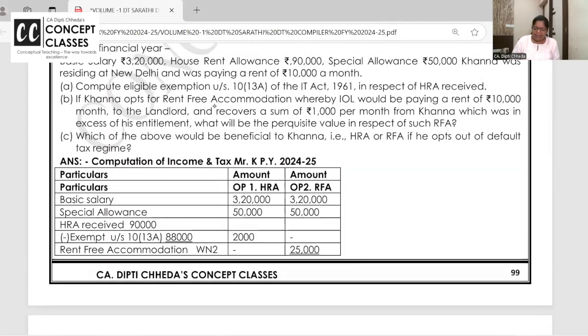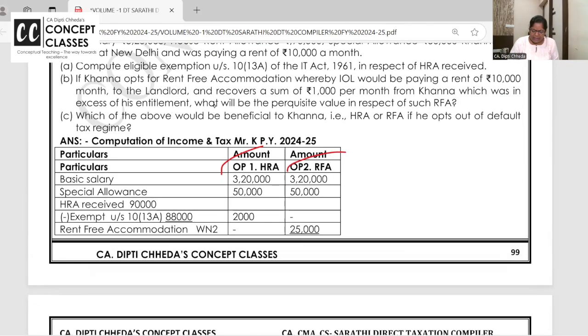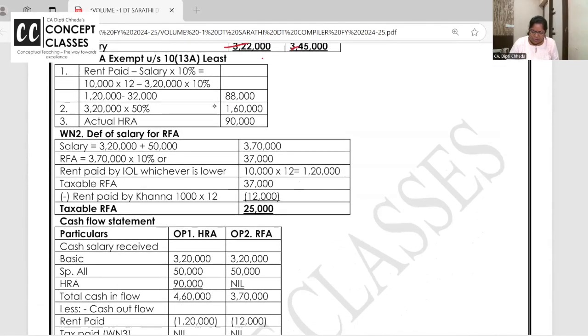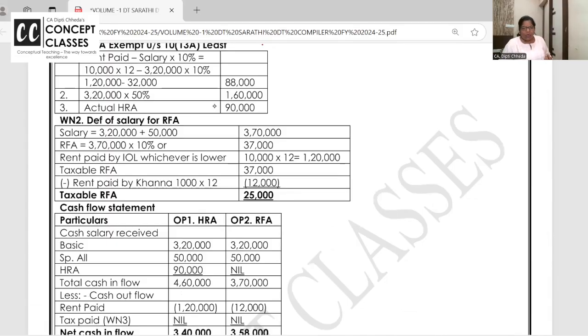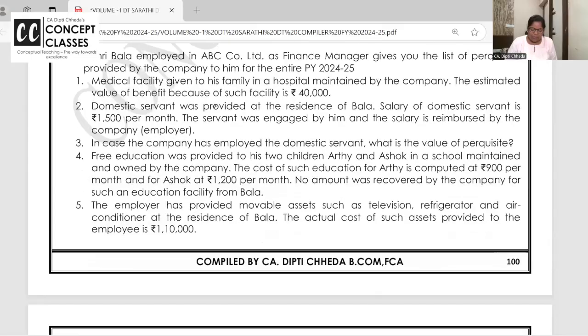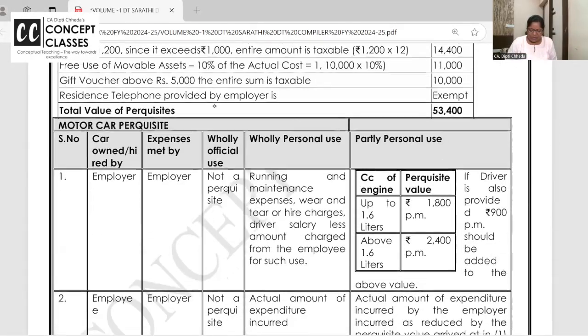One time only they have asked this question: compare and tell whether Khanna can go for HRA or RFA. So in both cases, what will be the income you calculate and the tax? But that's not the answer. The answer is inflow and outflow. So just check this. One-liner questions. This is a past exam question.